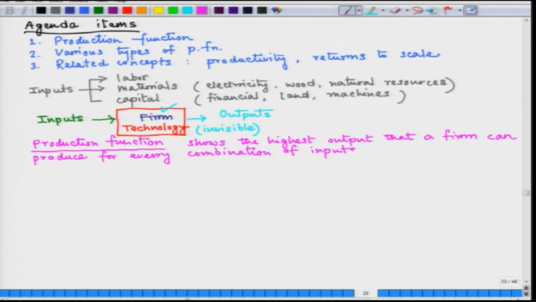There can be more than one input, given a specific technology.